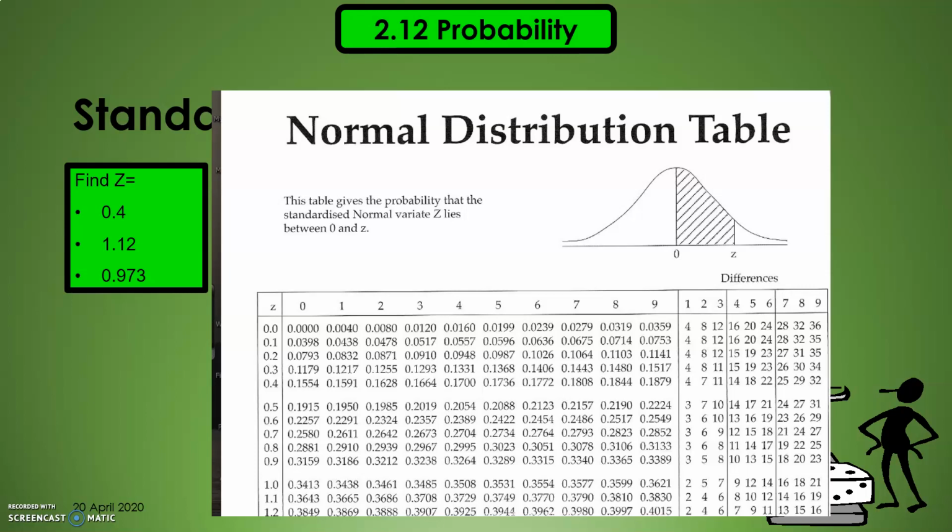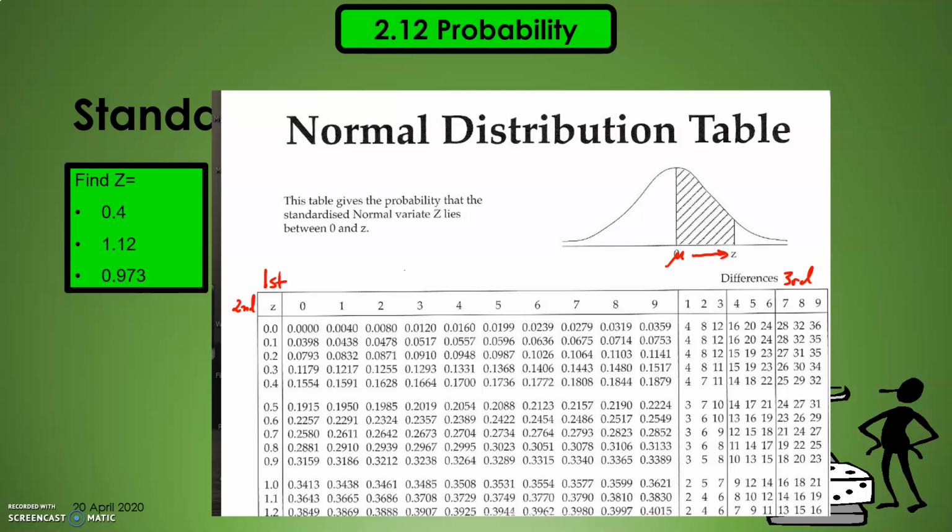So the key thing to keep in mind is that this column is the first standard deviation, the first decimal. This row is the second, and the differences here are the third decimal point. The other thing to keep in mind is that this is talking about from the mean to wherever the Z value is.